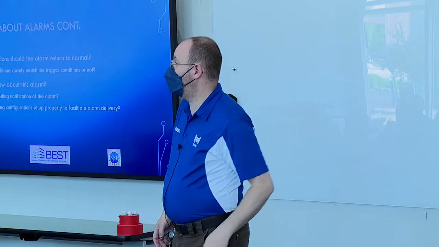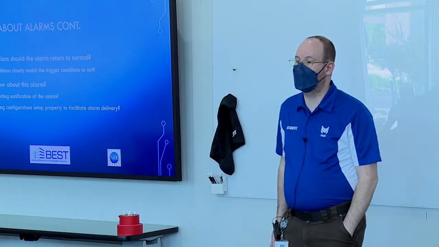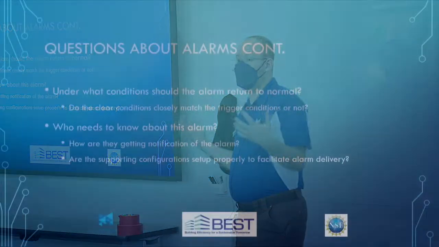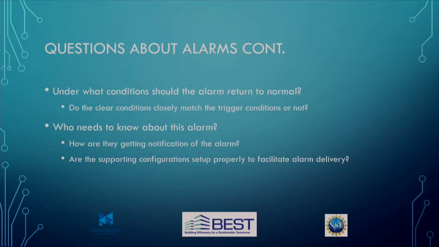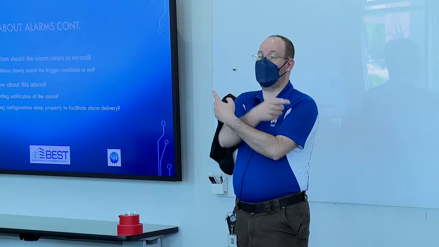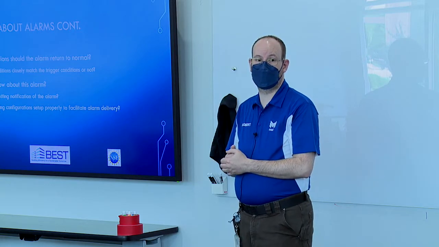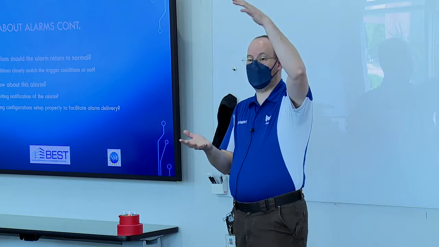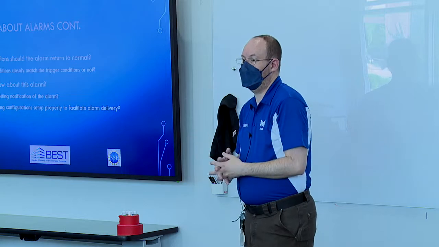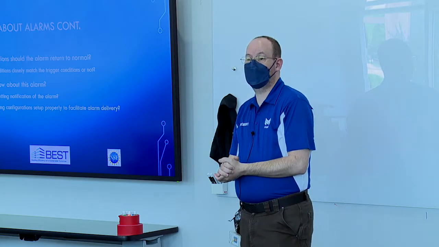Once the alarm goes off, we've got to deal with the other side. When should it resolve? When should we admit, hey, the alarm condition has passed? Okay? And in many situations, it's just the opposite of what triggered the alarm to begin with. Our temperature was out of range, we came back into range. Okay?